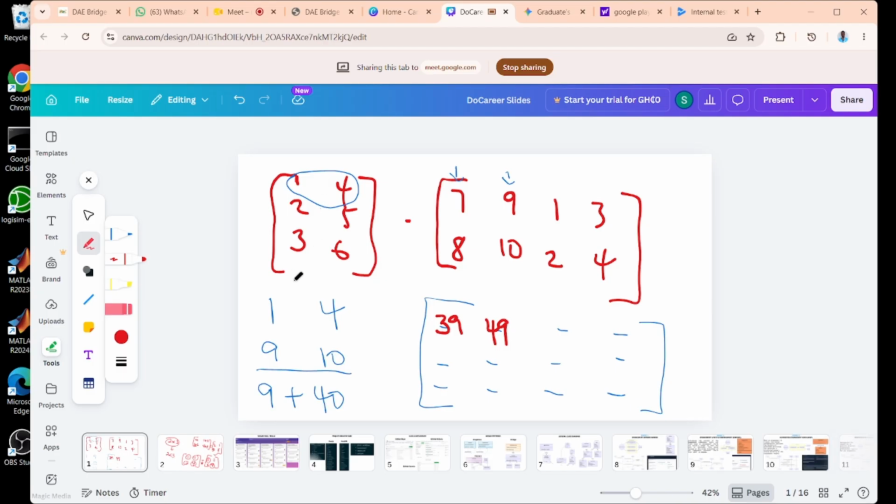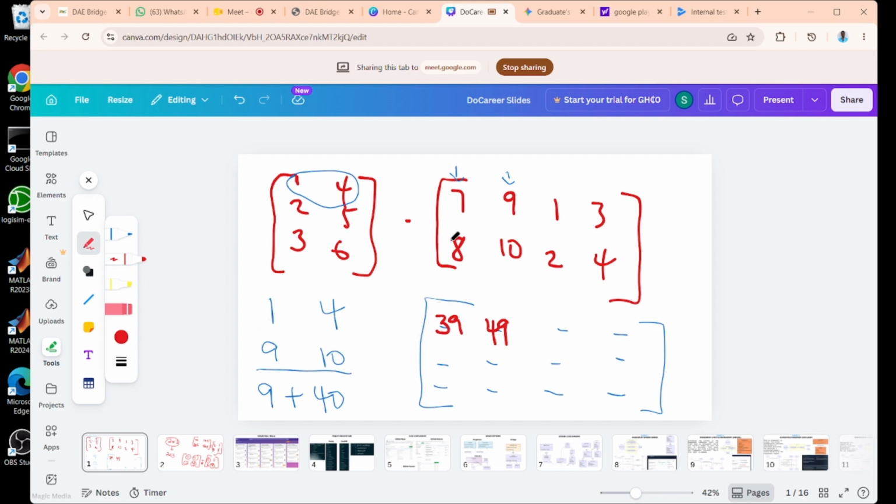So we place the top row down because we are finding the elements in the top row of our final matrix. The second time, when we are in the middle row, we'll pick the middle row down, and then we'll use the columns against them. Okay. So we are placing 1 4 down.